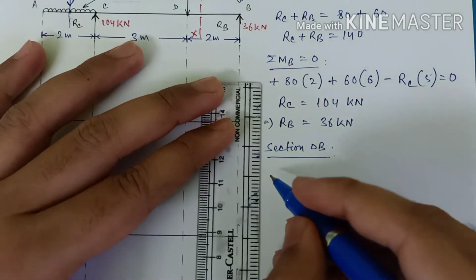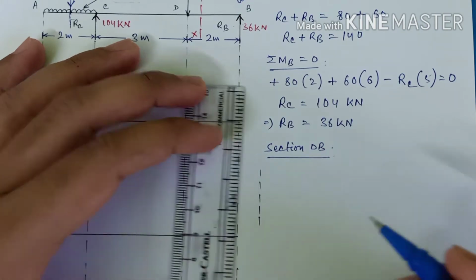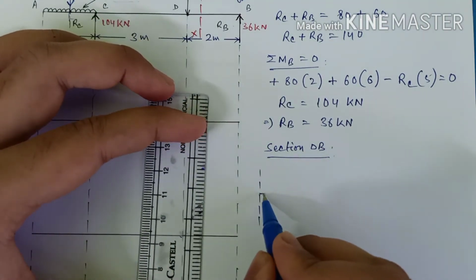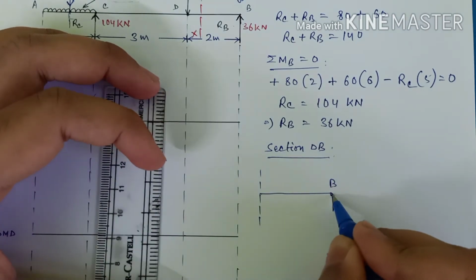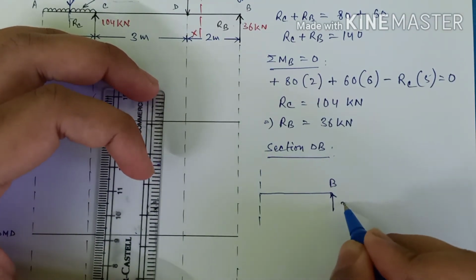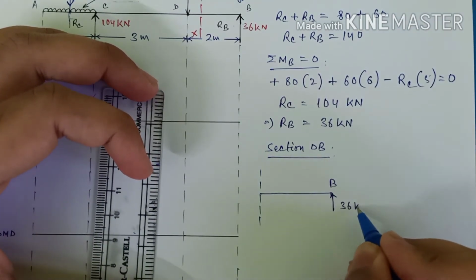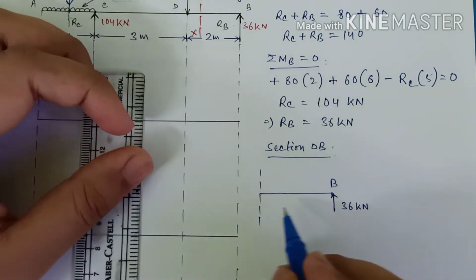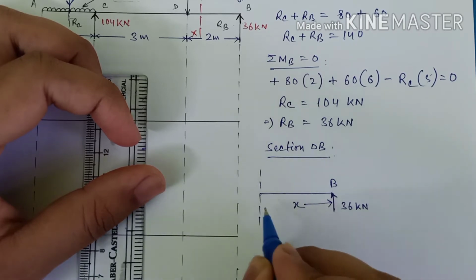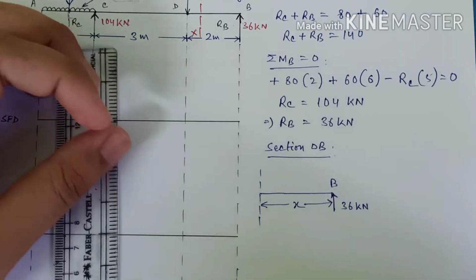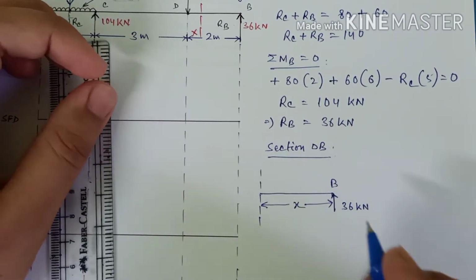So this is my section, this is my point B, where we have a reaction RB which is equal to 36 kilonewtons, and let the section be at X distance from B.